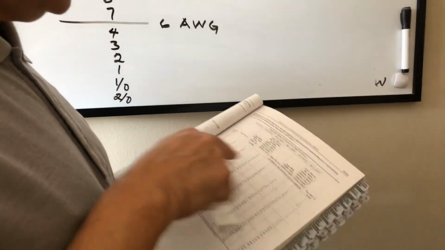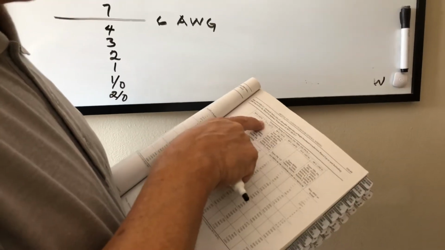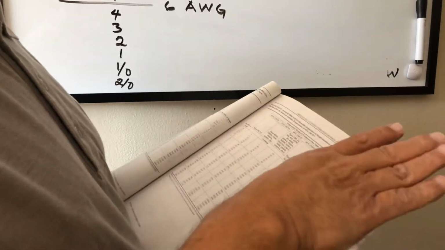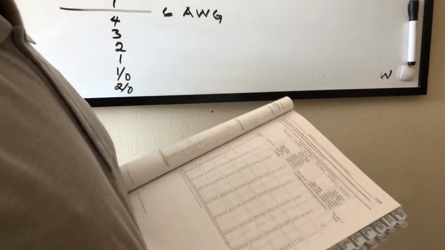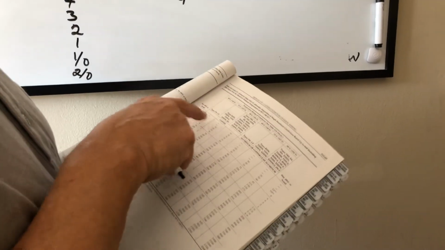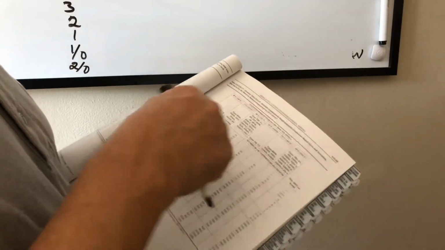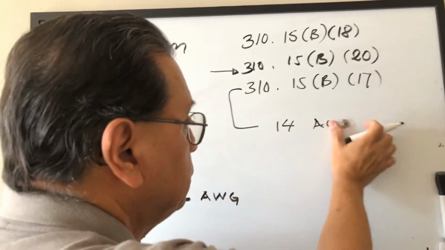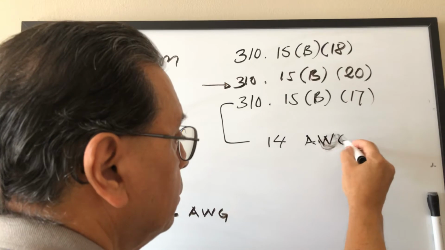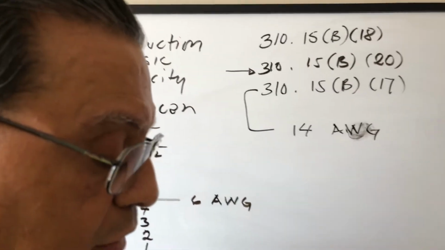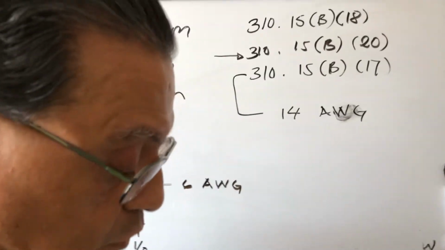If nothing is said, I use this table for 75 degrees Celsius copper, if nothing is said by the manufacturer of the electrical equipment or luminaires. In my example, I need an electrical conductor that is able to transport 10 amperes, so number 14 AWG will be enough. And this table is for a single conductor. Okay, so it's an example.